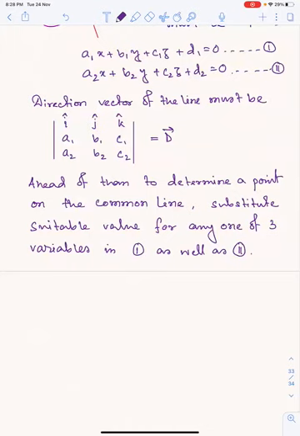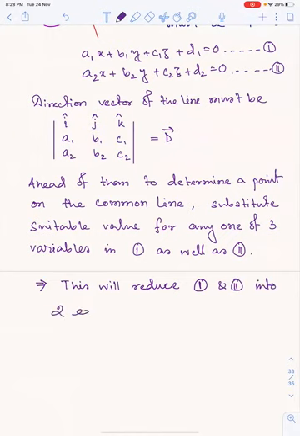So this will reduce 1 and 2 into two equations in two unknowns.